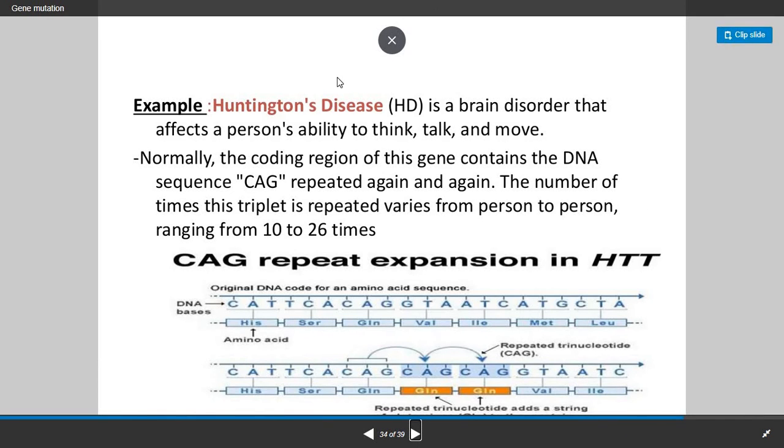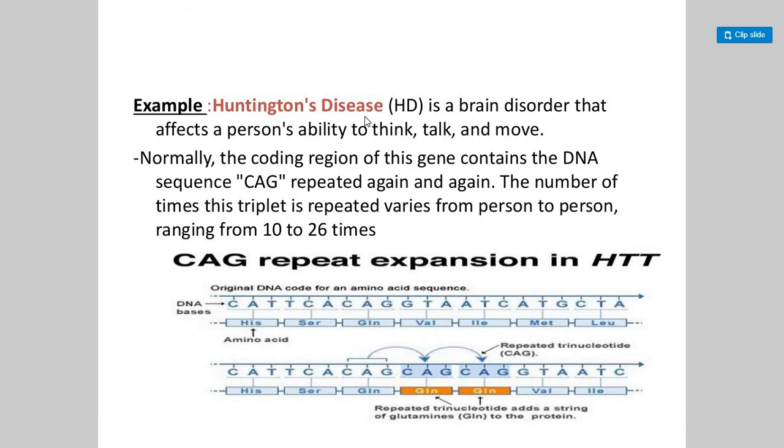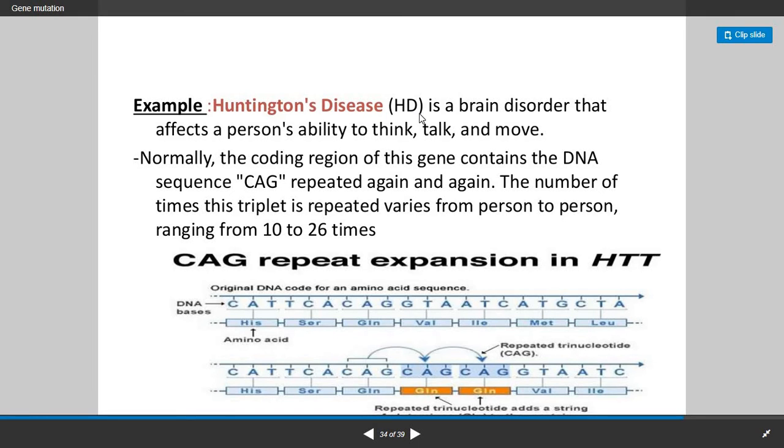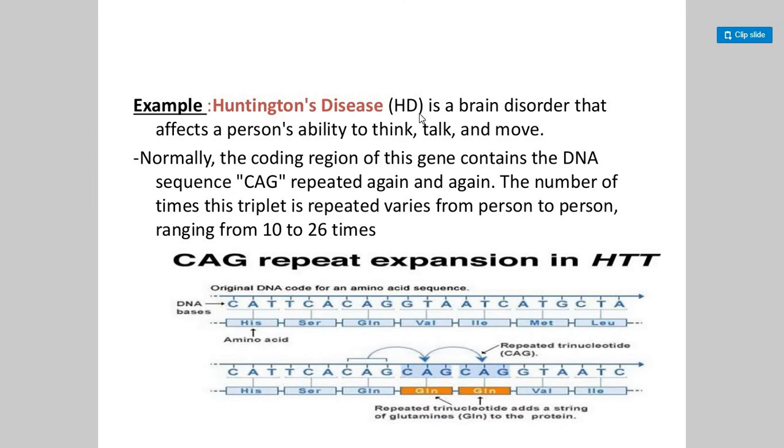The example of insertion mutation is Huntington's disease, which is a brain disorder that affects a person's ability to think, talk and move. It is abbreviated as HD. The coding region of this gene contains the DNA sequence CAG repeated again and again.